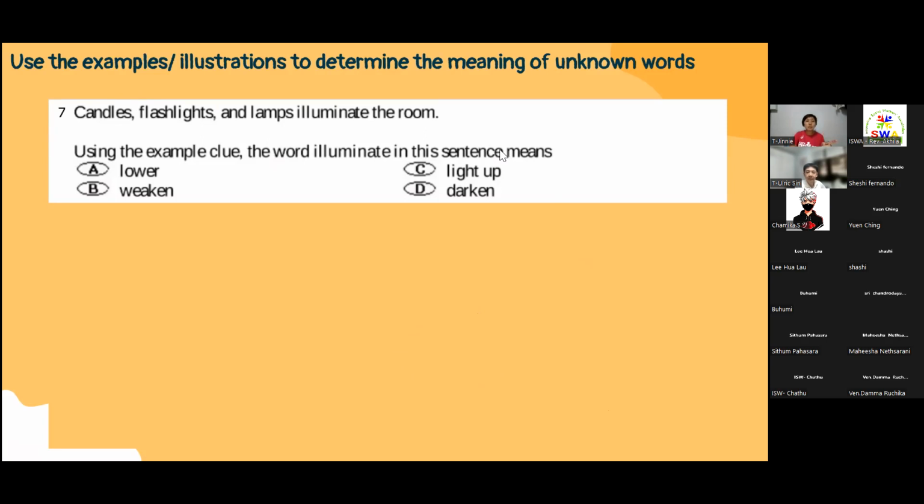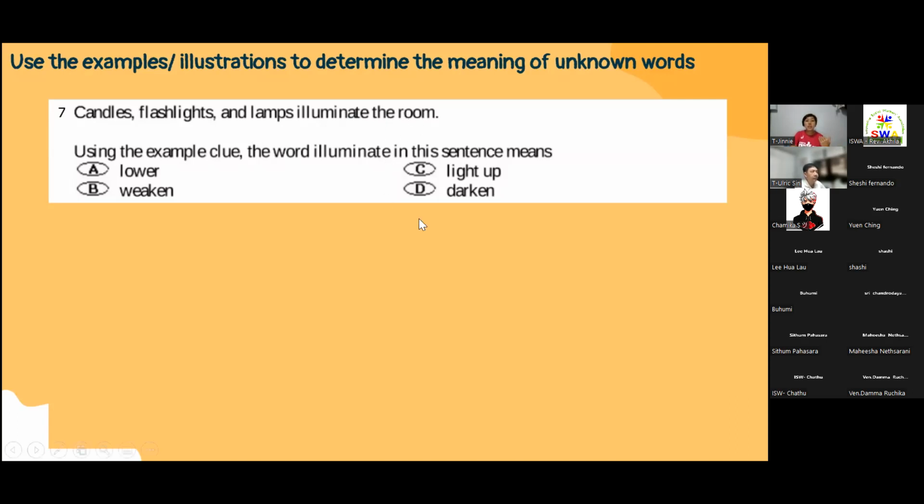Light up. So the meaning of illuminate: even if I don't know it, I could use root word, prefix, and suffix to know illuminate, but I don't want to explain that. I look at the examples. Candles, flashlights, lamps, they all give out light. And you're talking about a room.